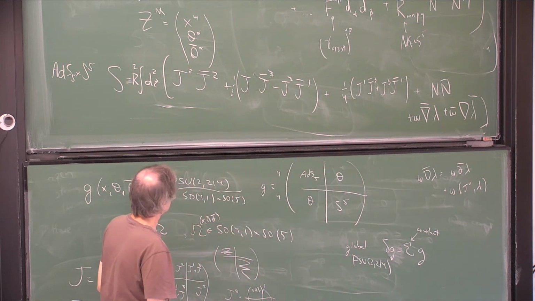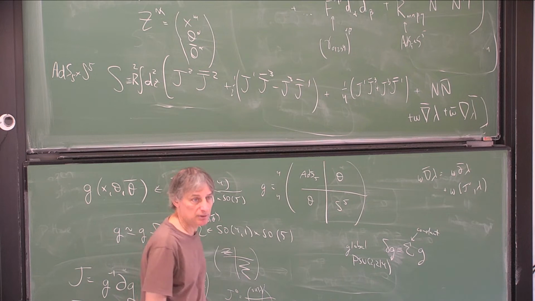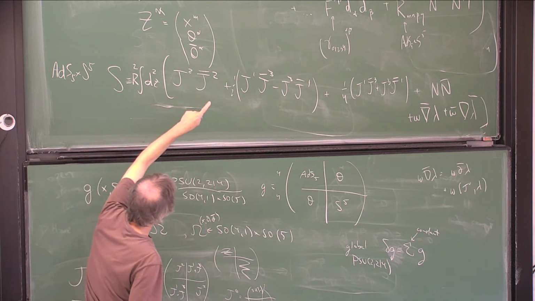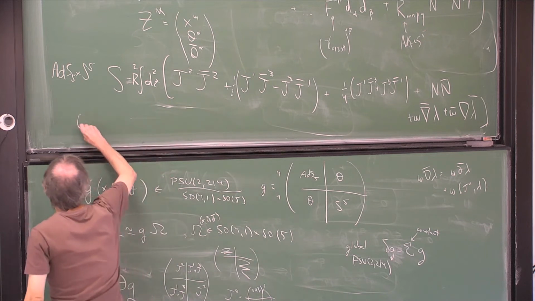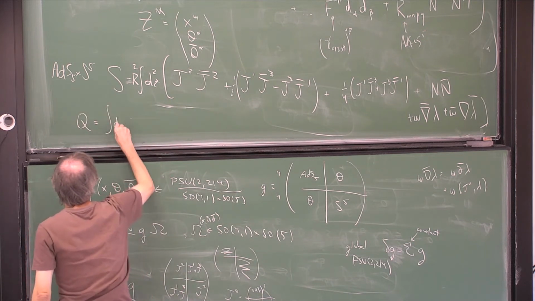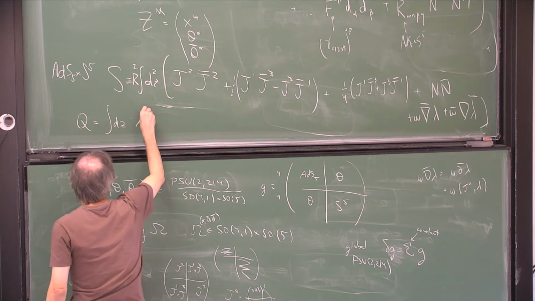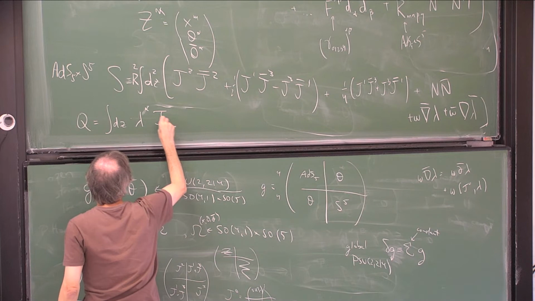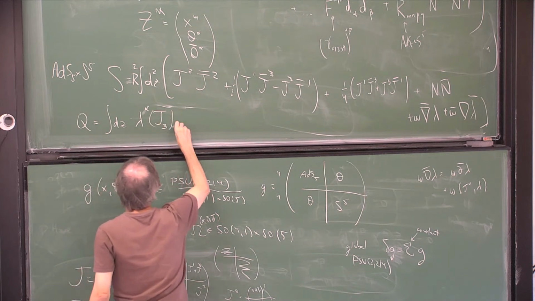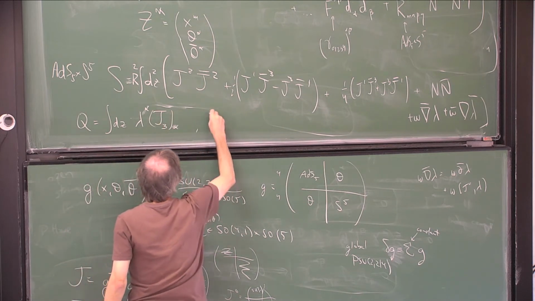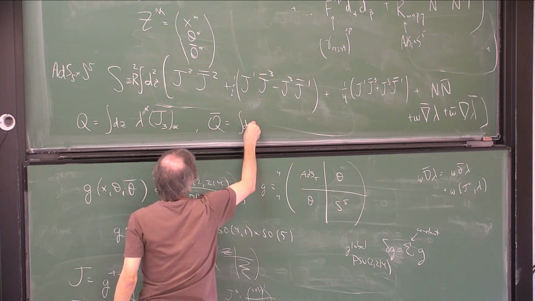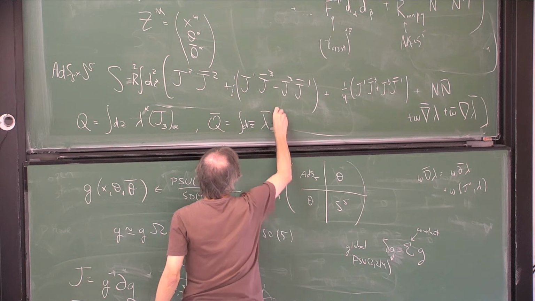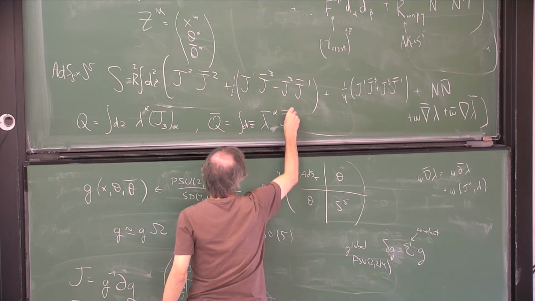So as I said, in this language, what is the BRST operator? After integrating out d alpha, what you find is that Q becomes just one of the currents. So it's lambda alpha times J3 and Q bar is lambda bar alpha times J bar 1.